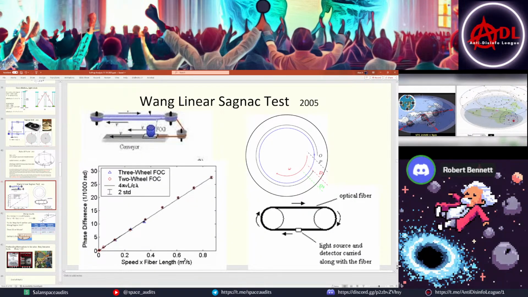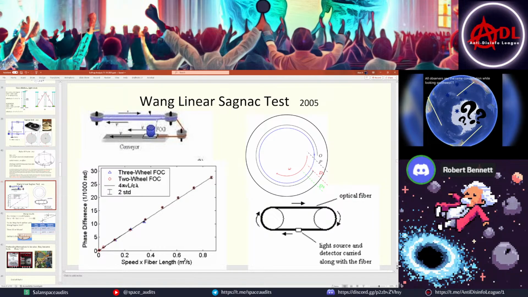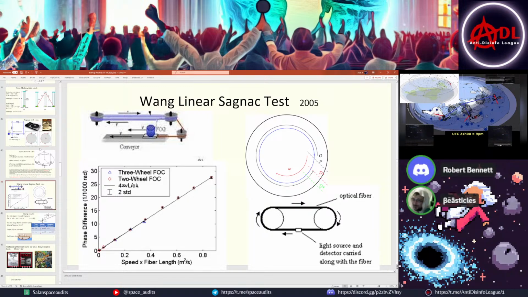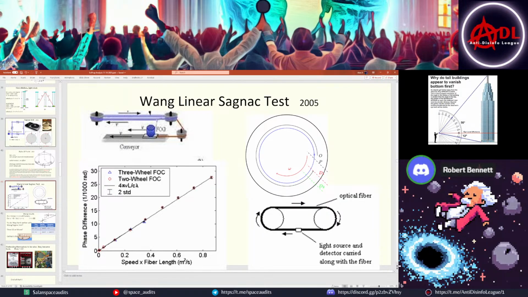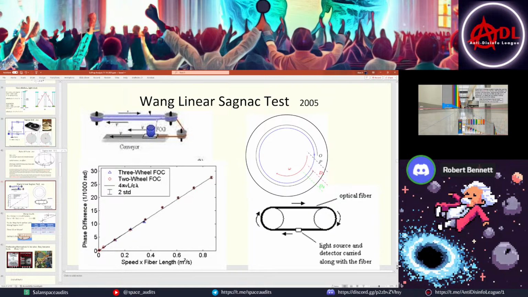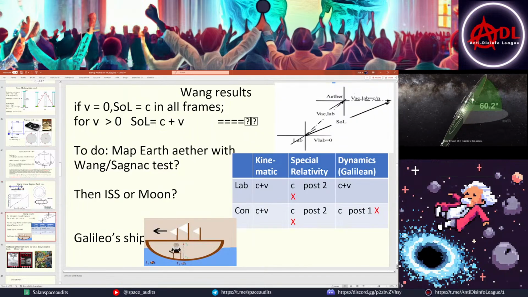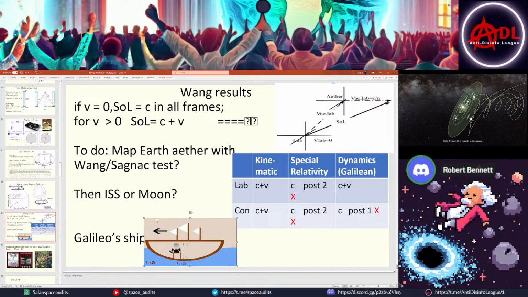So what that means is that the speed of light c must be measured relative to ether. If the ether is at rest, if you're in the ether frame, then you measure c. And if your ether is moving and you are in the ether frame of reference, you also measure c. But if you're in the earth frame, the laboratory frame, and ether is moving past you at v, you measure c plus v, which is exactly what they measure in the experiments that I cited.